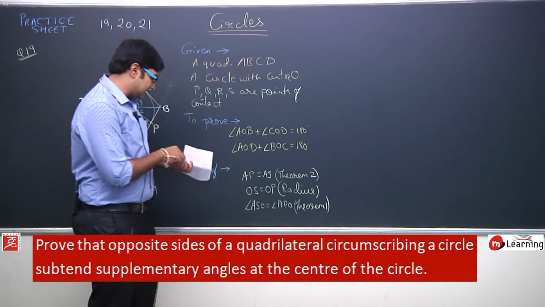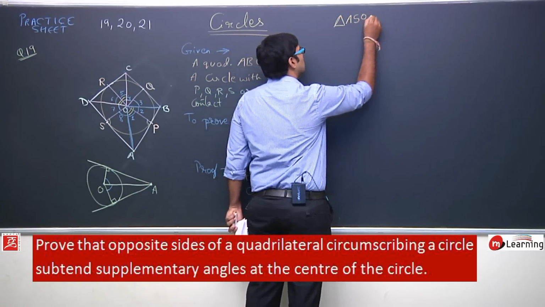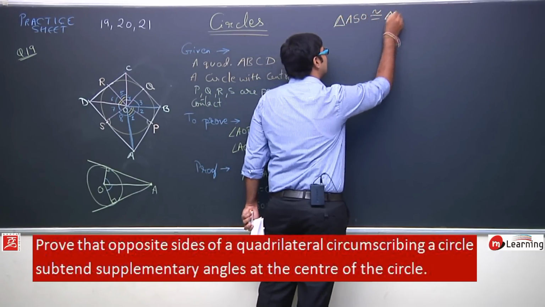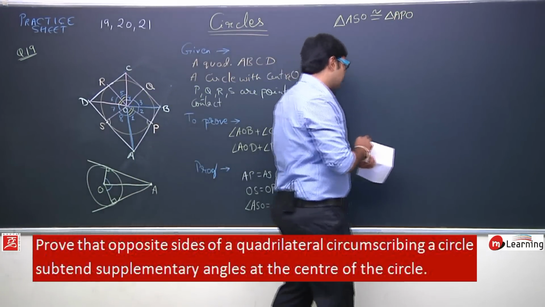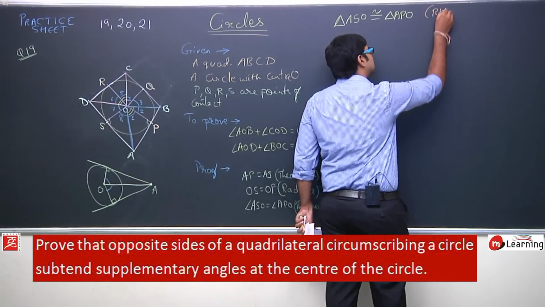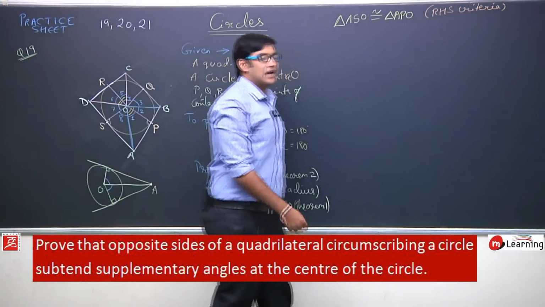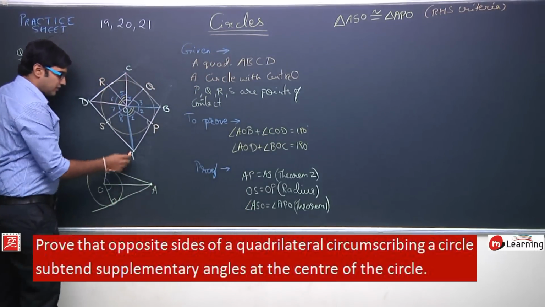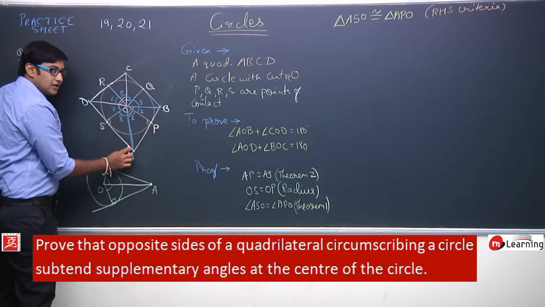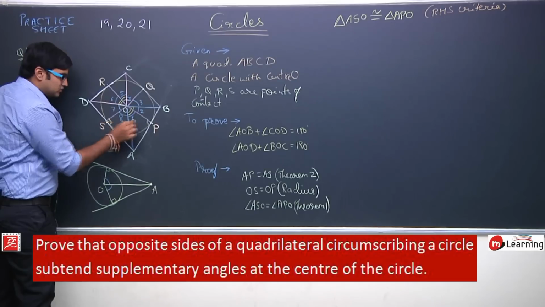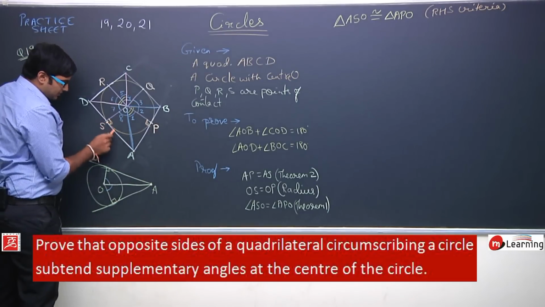So what I can say is triangle ASO is congruent to triangle APO. Why are they congruent? Because of the RHS criteria. You can observe APO is this triangle and ASO is this triangle. In these two triangles these two angles are equal, right angles.